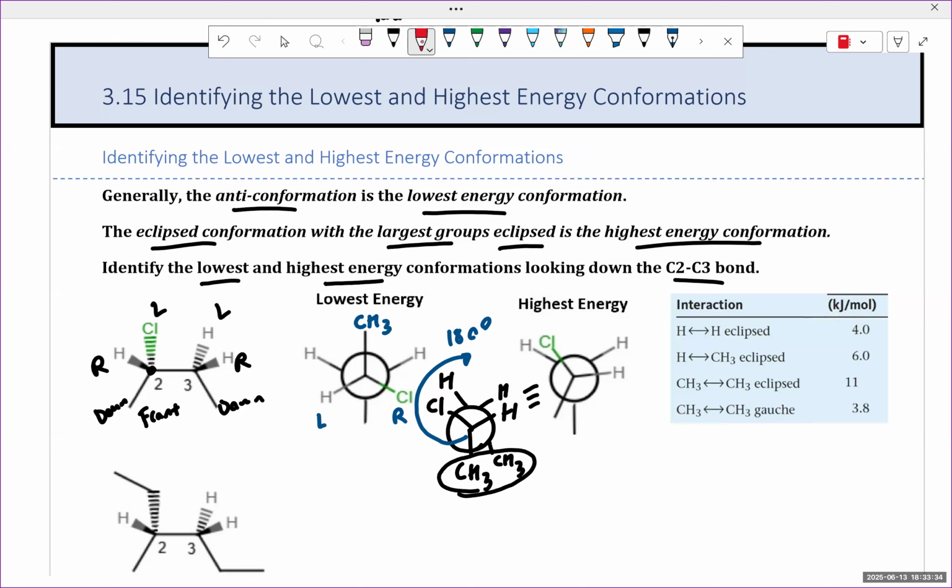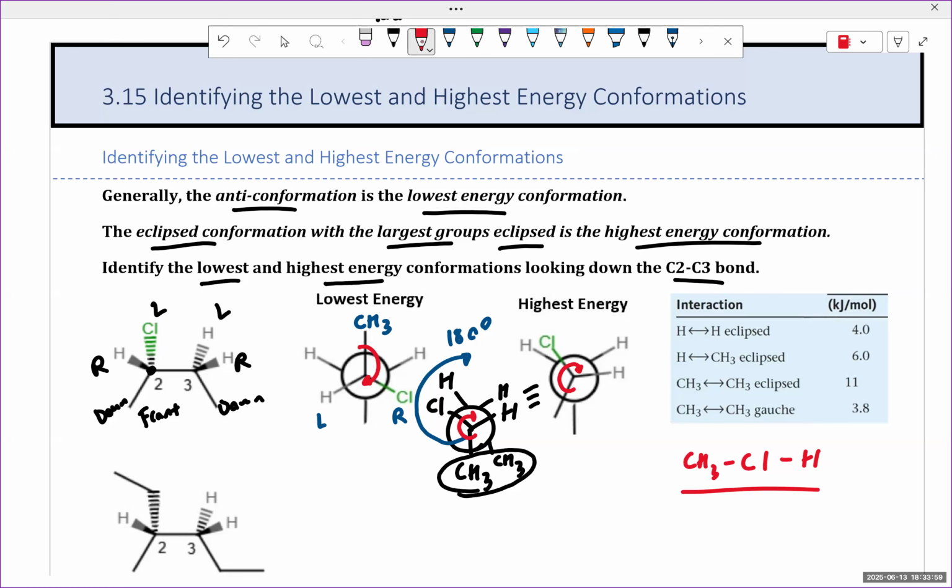If we have this methyl group and we draw a clockwise circle, we see that the order is methyl, chlorine, hydrogen. This order will always stay consistent unless you've managed to rearrange a carbon-carbon bond. So as you can see, clockwise, methyl, chlorine, hydrogen.